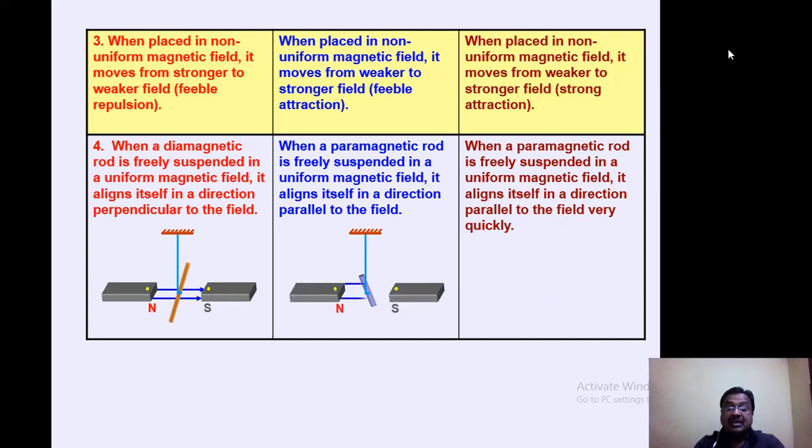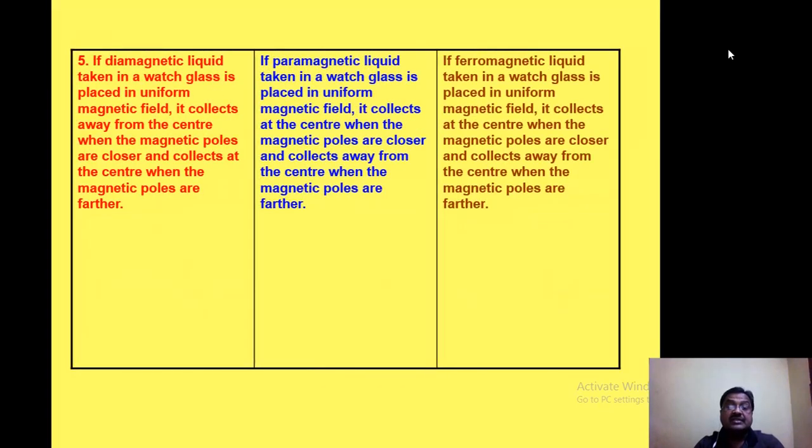Here you see the timing: slowly it is rotating to come to rest along the field, and in the third case it rotates suddenly to come to rest. It shows ferromagnetic substances are strongly attracted by the field, whereas paramagnetic substances are weakly attracted. Now let us see what will happen if the magnetic substances are available in the form of liquid.